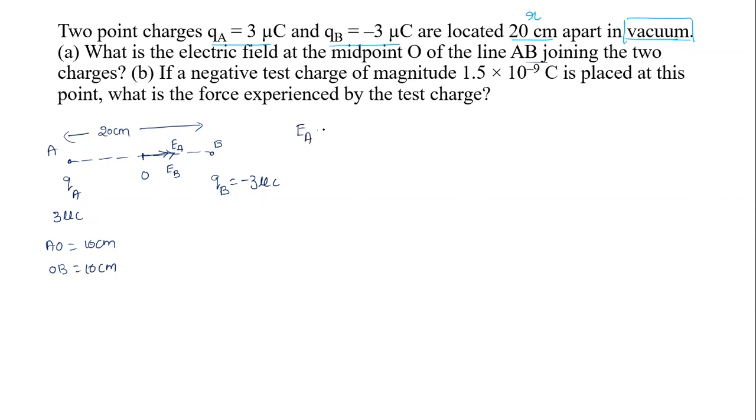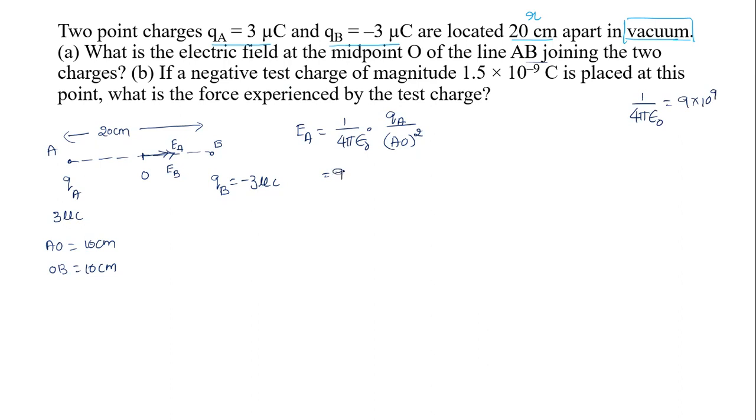Now I'm going to find the electric field due to the first charge. Electric field due to charge A is 1 divided by 4 pi epsilon naught multiplied by QA divided by AO square. The standard value of 1 divided by 4 pi epsilon naught is 9 into 10 power 9.